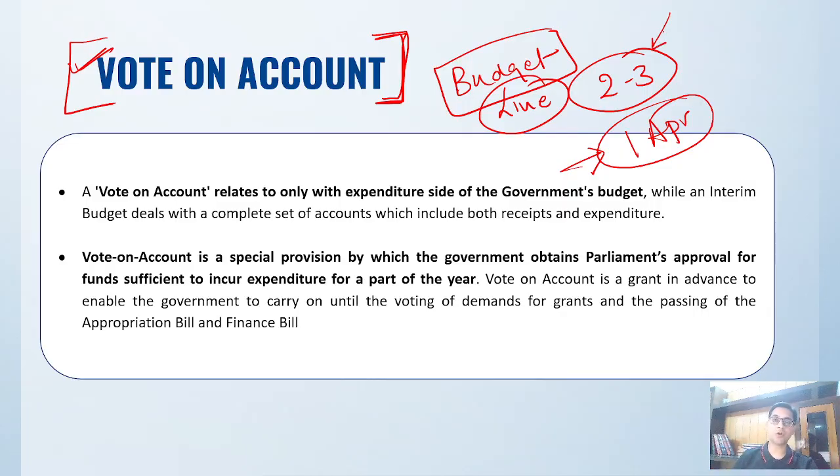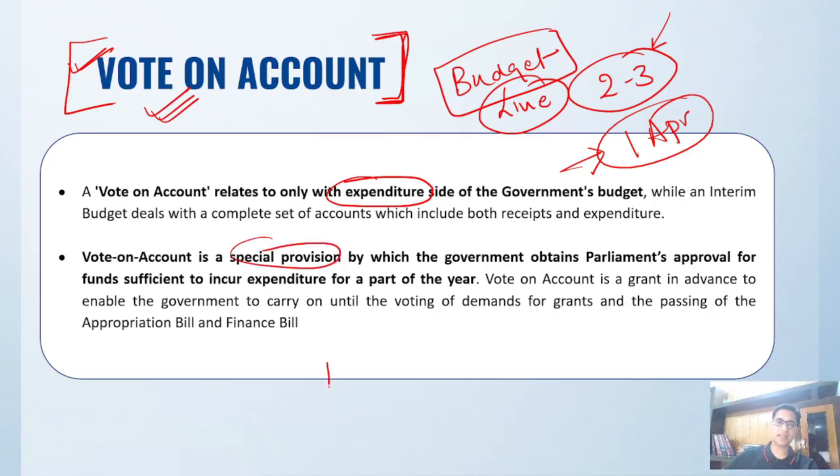The discussion is still going on in the parliament. So there is a concept of vote on account. It is only on the expenditure side. It is said that till the budget is passed, you can take out a certain amount of money for your day-to-day functioning. So it is a special provision.